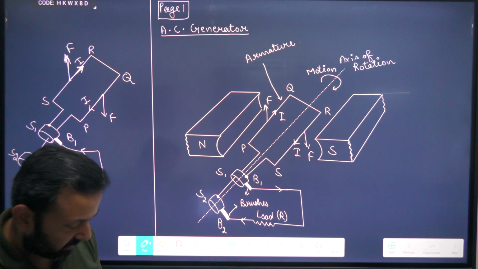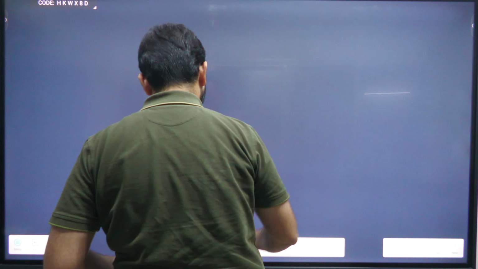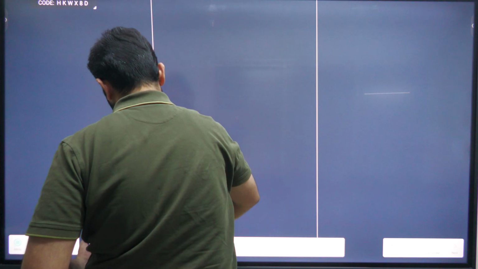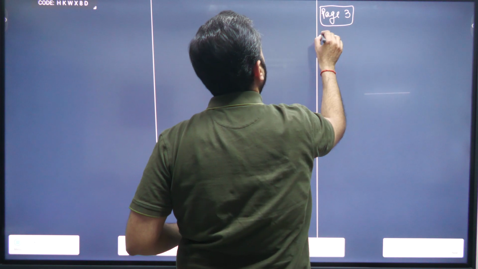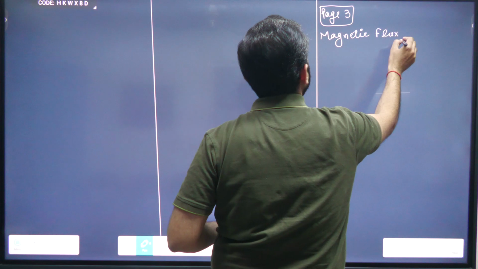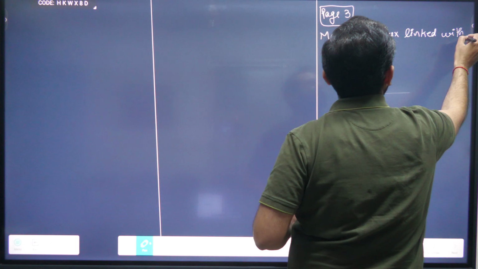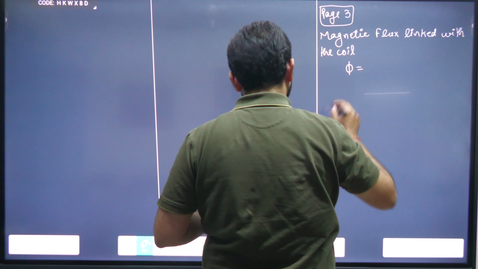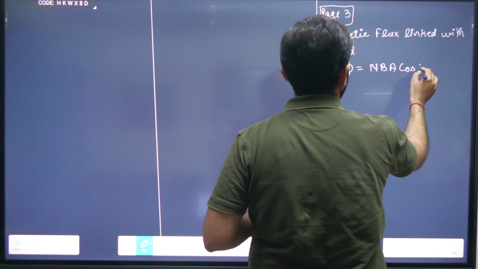Yes. Okay, so magnetic flux linked with the coil at any instant t: phi is equal to NBA cos theta.